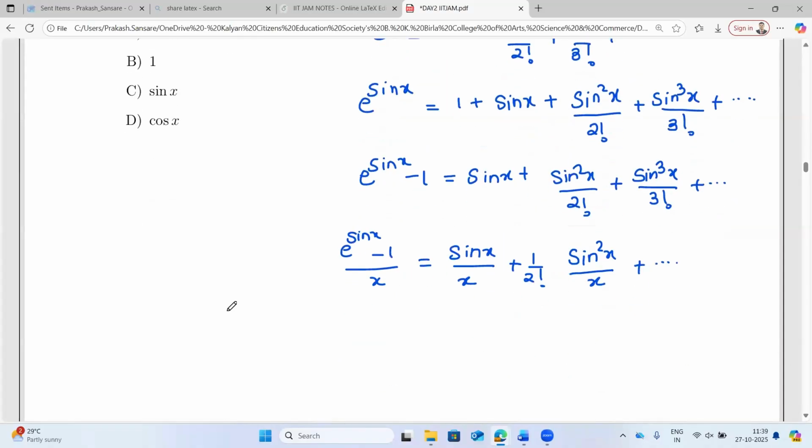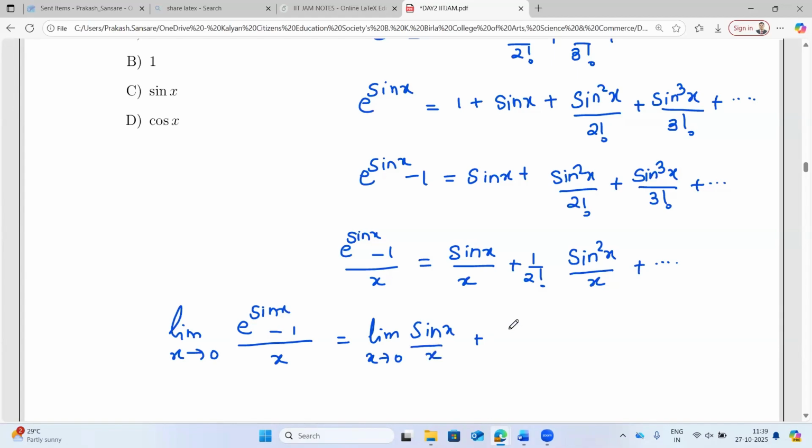Now I'll take limit on both sides. So limit as x approaches 0 of (e power sin x minus 1) upon x will be limit as x approaches 0 of sin x upon x plus 1 upon 2 factorial times the limit of sin square x upon x.